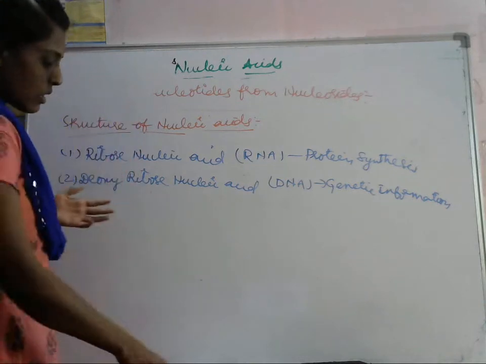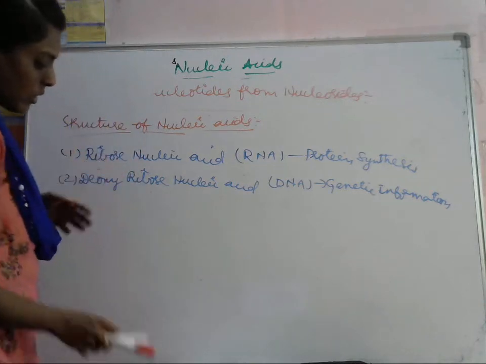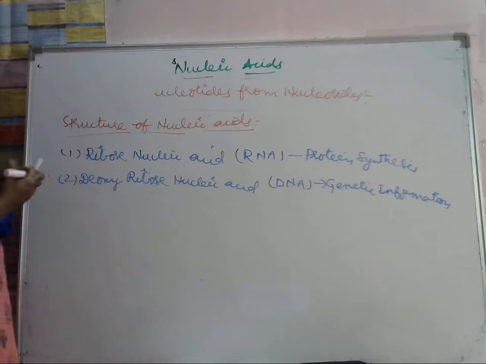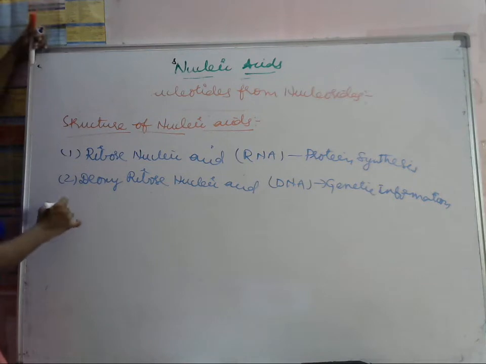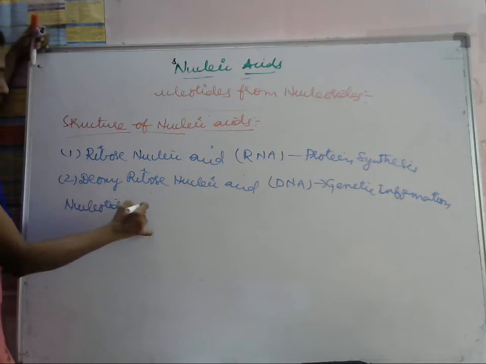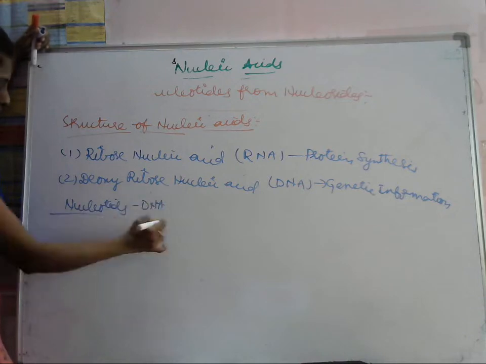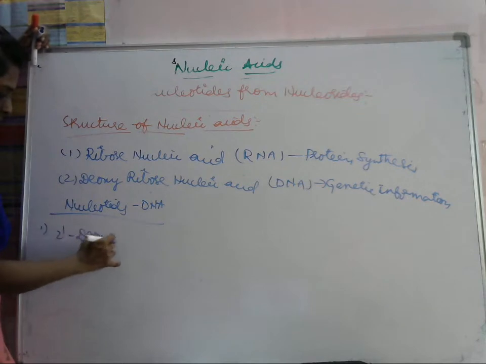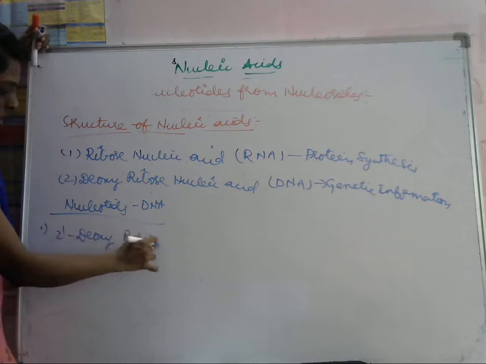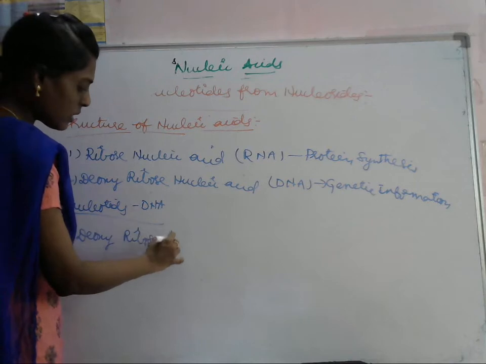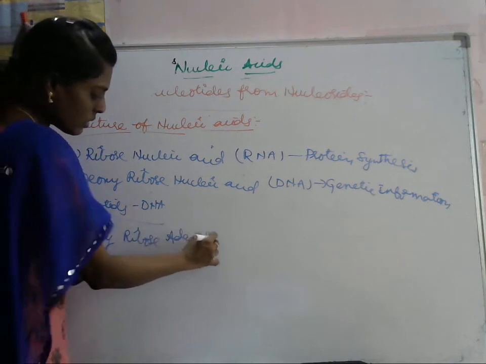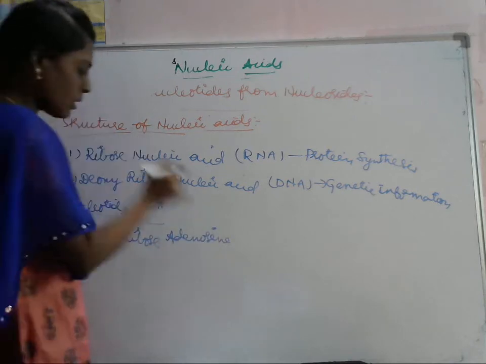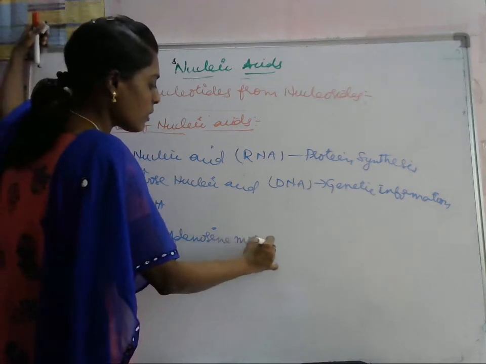Okay, so next, if you take the nucleotides here, what are the nucleotides? Nucleotides in DNA: we have 2' deoxyribose adenosine monophosphate.